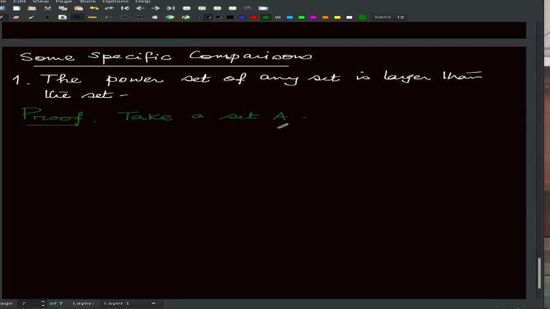Obviously you have this function. There is this function F from A to, how did I denote the power set? Was it 2 to the power A?